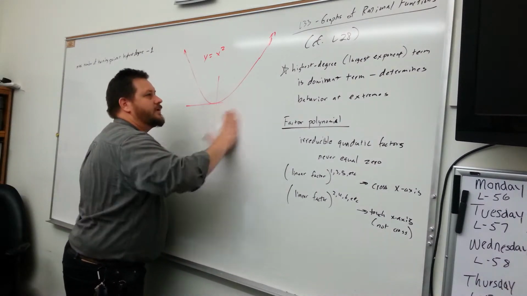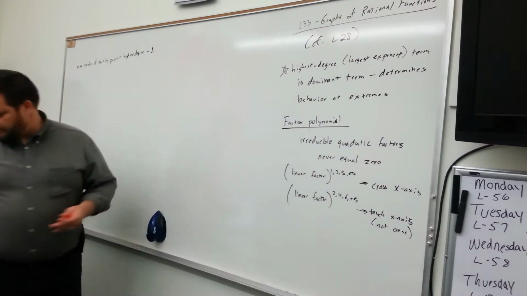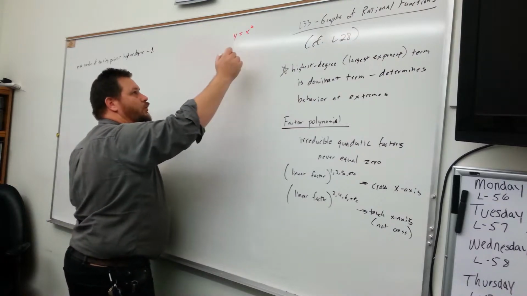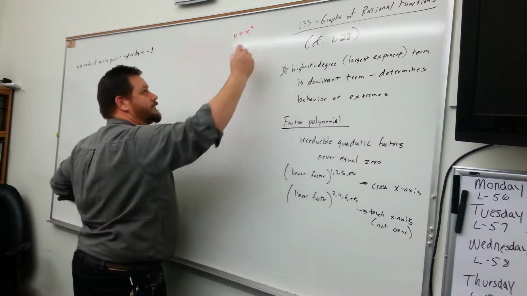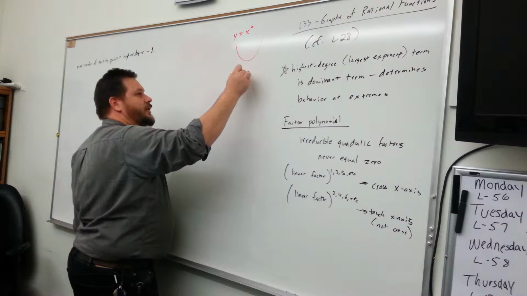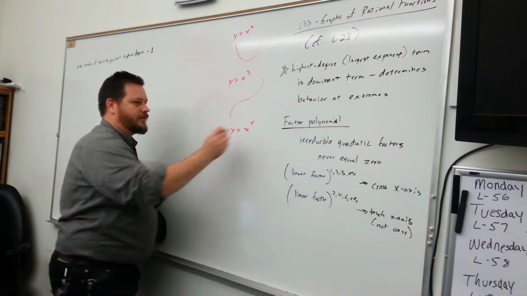Now that I drew those nice and big, let's do that again with a few more. Make them tiny. Y equals x squared is going to look like this, right? Y equals x cubed is going to look like that. What's y equals x to the fourth going to look like?